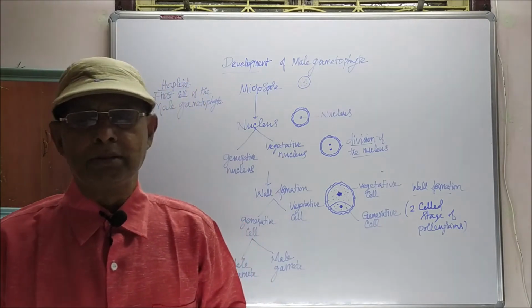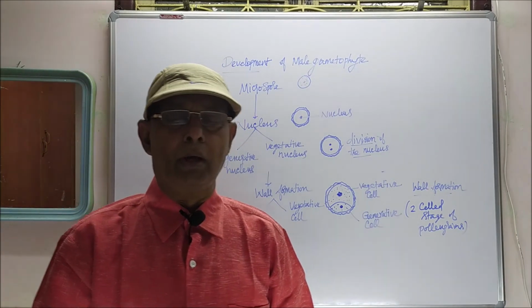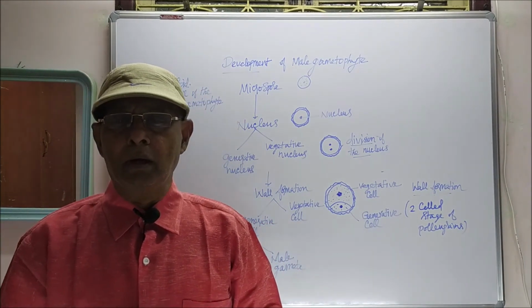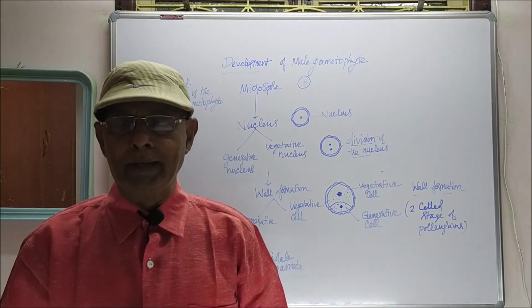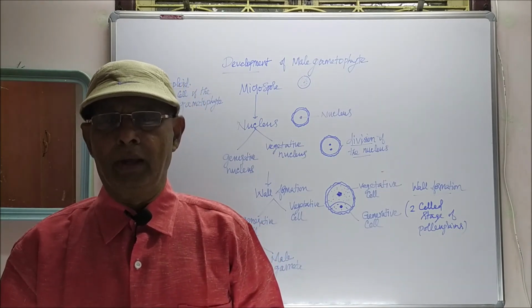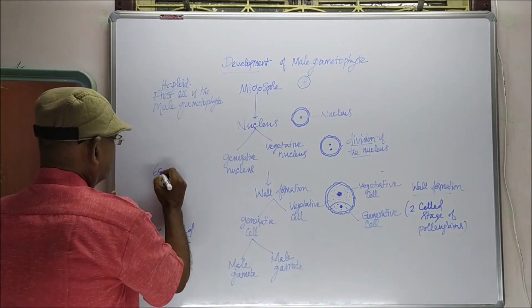The pollen grains will be dispersed or liberated from the anther either in the two-celled state or in the three-celled state.